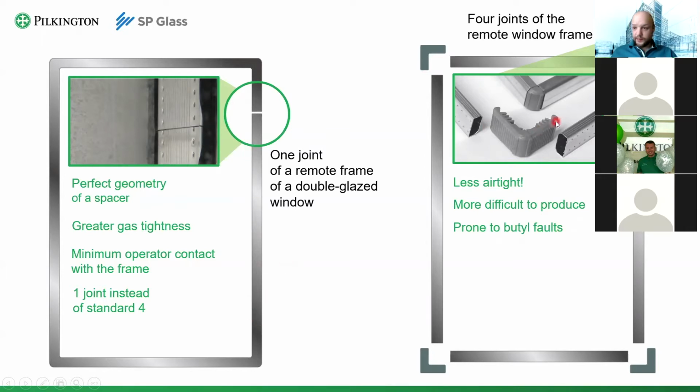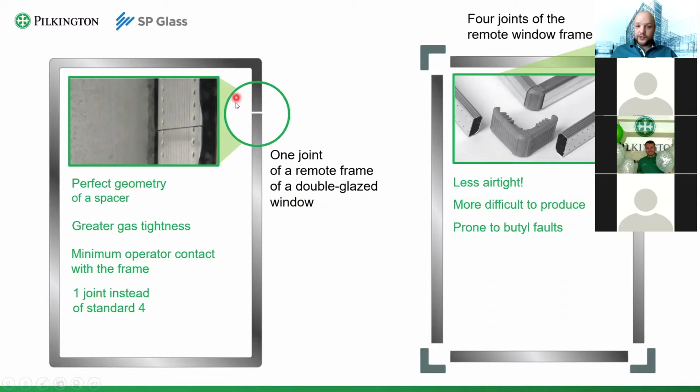Now, some types of spacer, for example, the structural steel spacer made by Schuko, cannot be bent on corners. It can be done only in this way. Okay. Then the responsibility of the IG unit producer is to seal all of the corners carefully with butyl to be sure that it is going to be airtight.